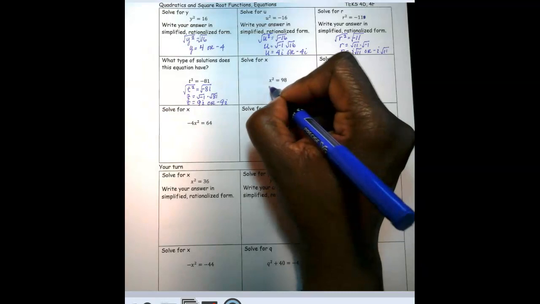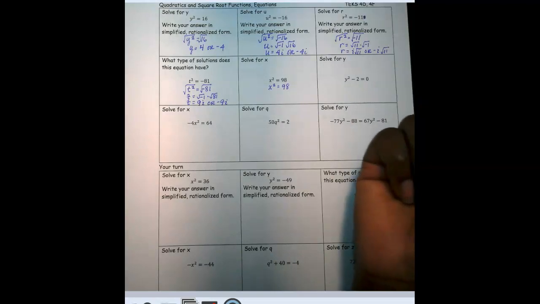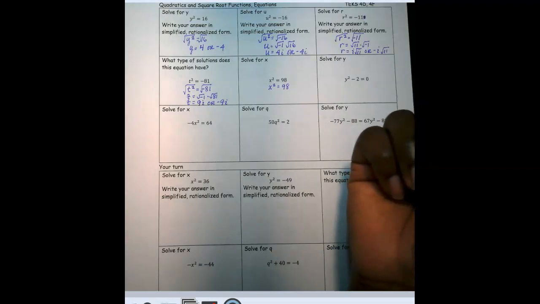Now here we've got x squared is equal to 98. There's no negative, so what I need you to think about is what number I could multiply to get 98. So my first thought was, because it's an even number, I'm going to divide by 2. And when I do that, I get x squared is equal to the square root of 2 times the square root of 49.